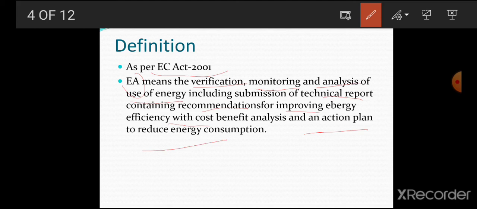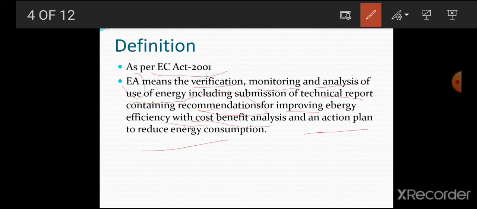So as you can see in the definition given by the Energy Conservation Act, this audit doesn't only find out where the energy is wasted, they also have to give recommendations on how this wasted energy can be saved. So that is recommendations, and how this energy wastage can be saved by cost benefit analysis.